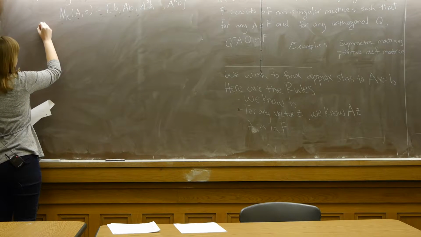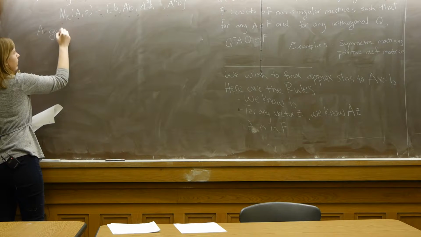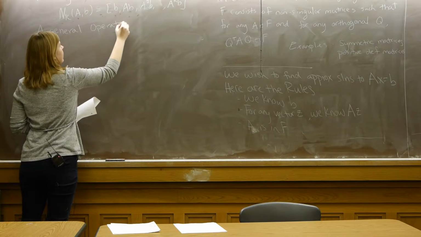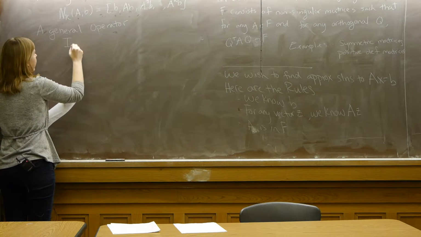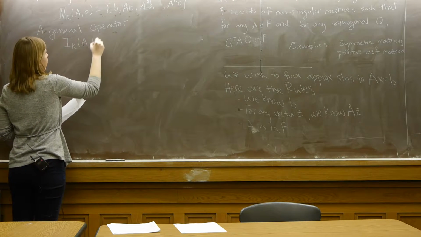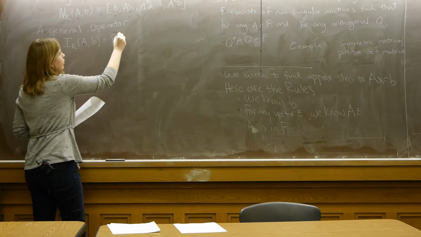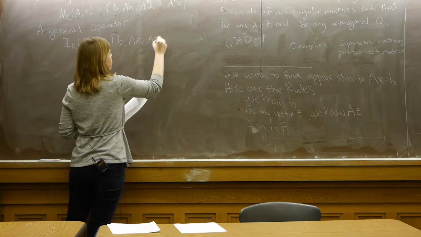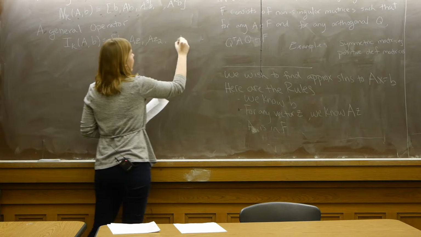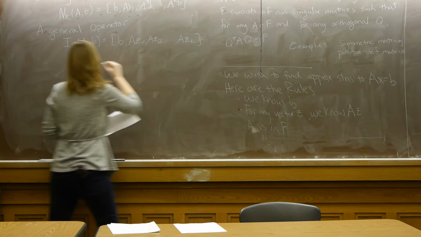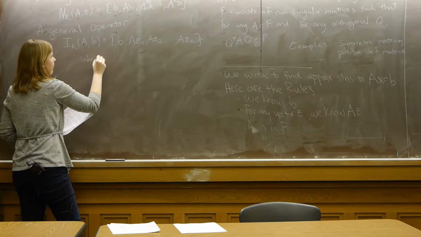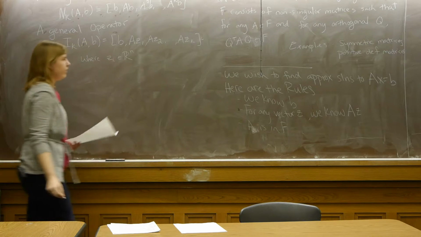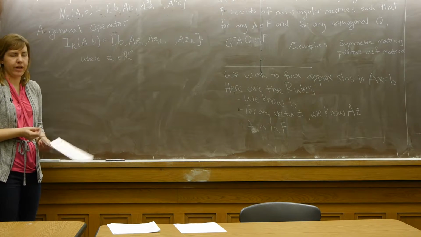And we also want to define a general operator. So for a general operator, we'll call it I_k, still dependent on a matrix A and a vector b. This will be the set of vectors b, Az_1, Az_2, through Az_k, where these z_i vectors are just real vectors of the appropriate size.